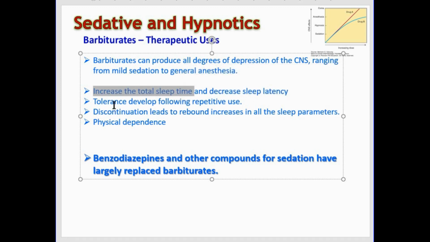But tolerance develops very quickly following repeated use, and if you discontinue these drugs, you'll have a rebound in sleep parameters. Because of these CNS depressant properties, people abuse this drug, and it can also cause physical and psychological dependence.